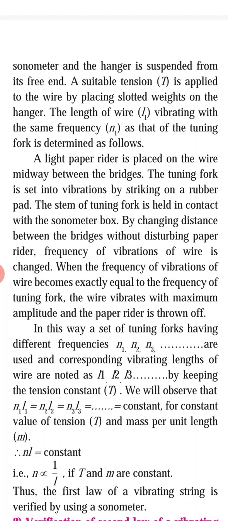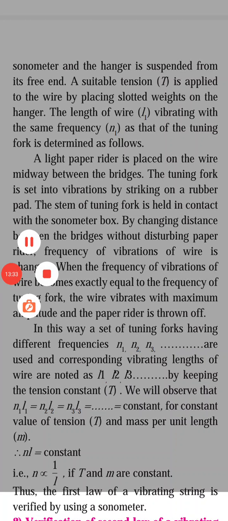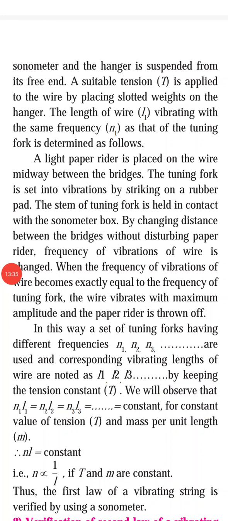So we will observe that N1 L1 is equal to N2 L2 is equal to N3 L3, which is equal to a constant, for a constant value of tension T and mass per unit length m. So NL is equal to constant if T and m are constant. So the first law of vibrating string is verified by using the sonometer.